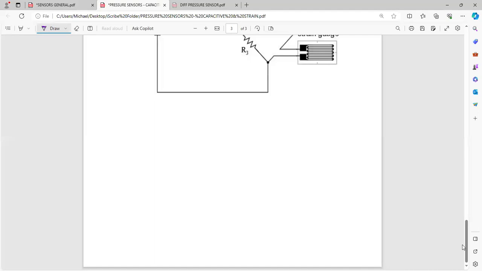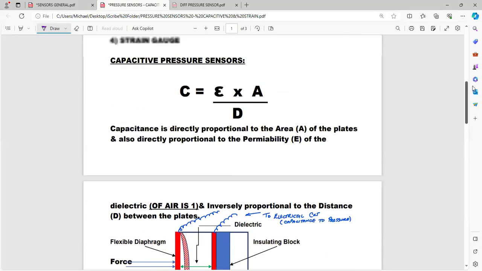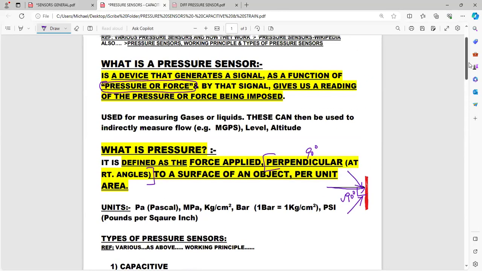Sir, 1 bar equal to how many PSI, sir? 15? I would not know the exact thing. You will have to check online. Let me see.